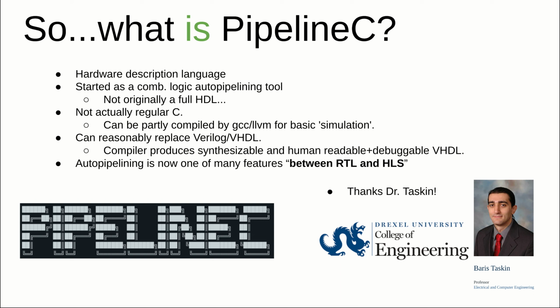It can reasonably replace Verilog and VHDL, and it produces synthesizable VHDL, and I like to say it's human readable and debuggable. I mentioned that you can insert raw VHDL chunks and blocks, and use that to instantiate IP you have sitting around. So the main bit there is that auto pipelining is now just one of many features in this area between RTL and HLS.